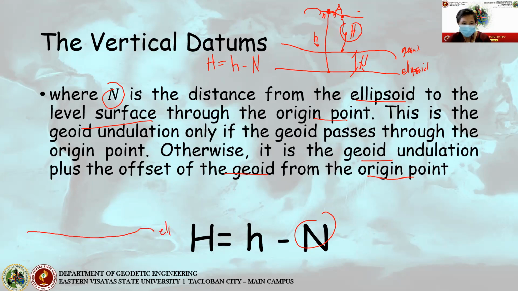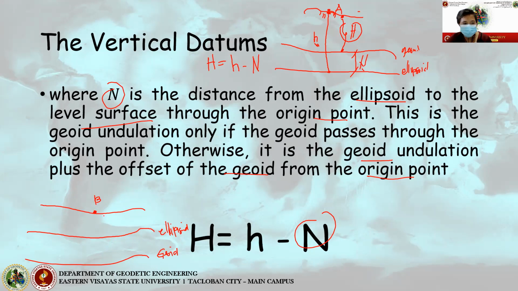So what will happen if the certain point, let's say this is the ellipsoid again, and then you have here the point on the surface of the Earth. This is point B, and the geoid is below that point. What will happen if the geoid is below the ellipsoid?